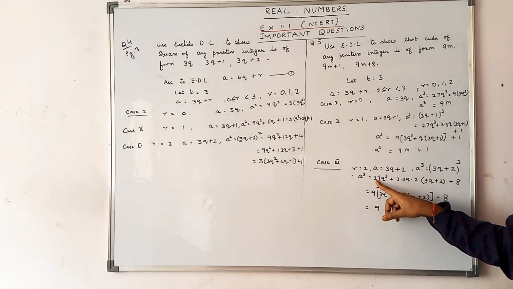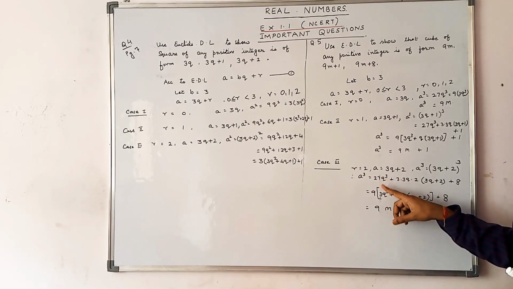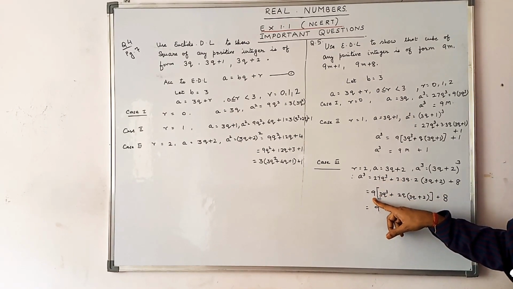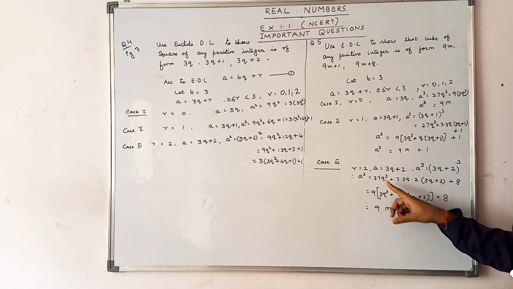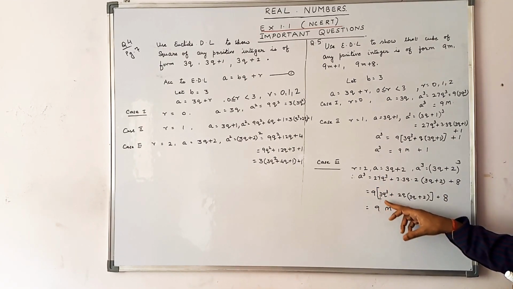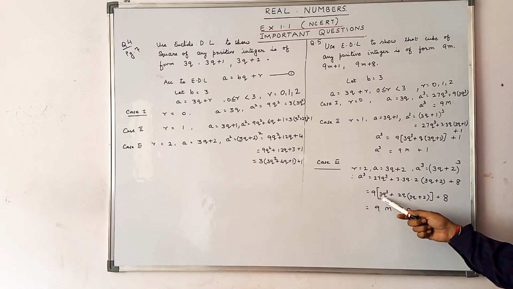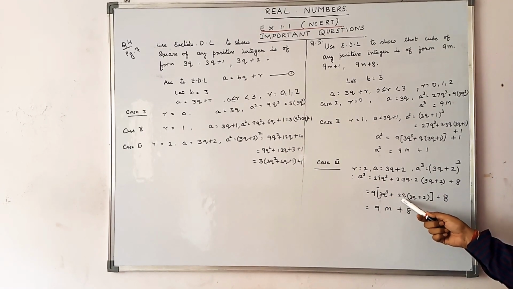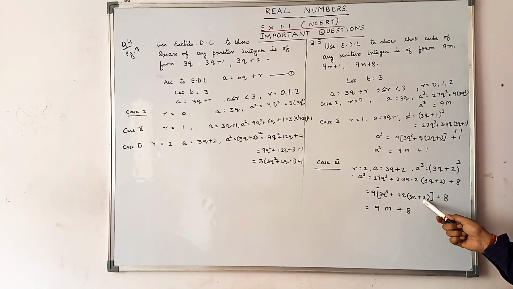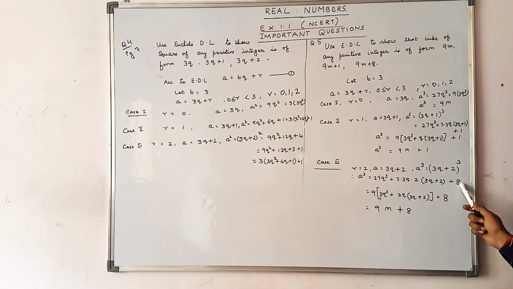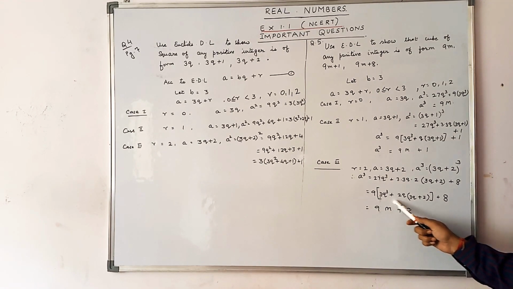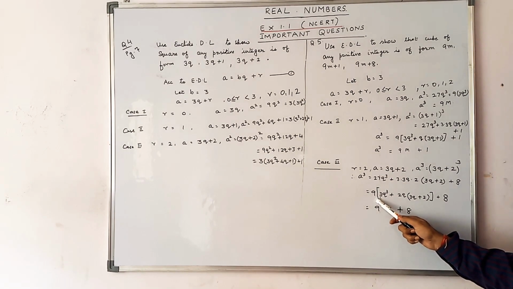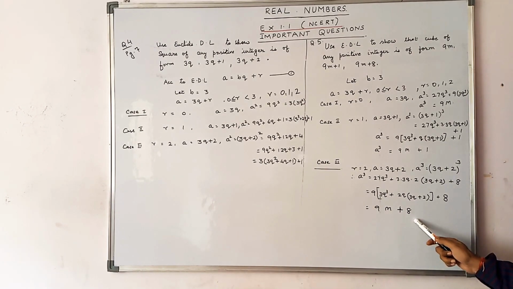So in these two expressions you have to take out only 9 common. More can be common, we are not bothered about it, because we have to take out only 9 common. So 9 is common here, after taking out 9 common, 3q cube plus 2q within brackets (3q plus 2) bracket closed, plus 8. 2 cube was 8. So it is of the form multiple of 9, so that is 9 into m plus 8.